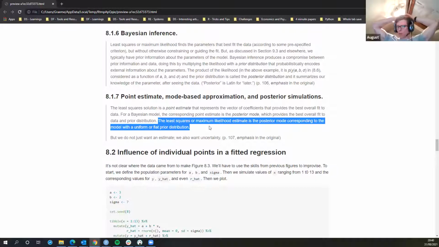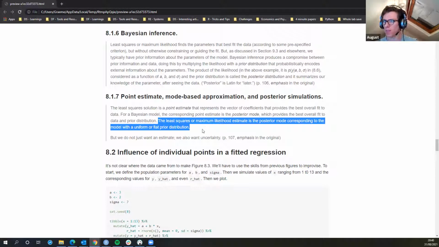Okay. So yeah. So the least squares, or the maximum likelihood estimate, is the posterior mode corresponding to the model with a uniform or flat distribution. So basically an uninformative prior. Yeah, just anything is possible. Right, okay. Oh, so is that saying that there's no variation?